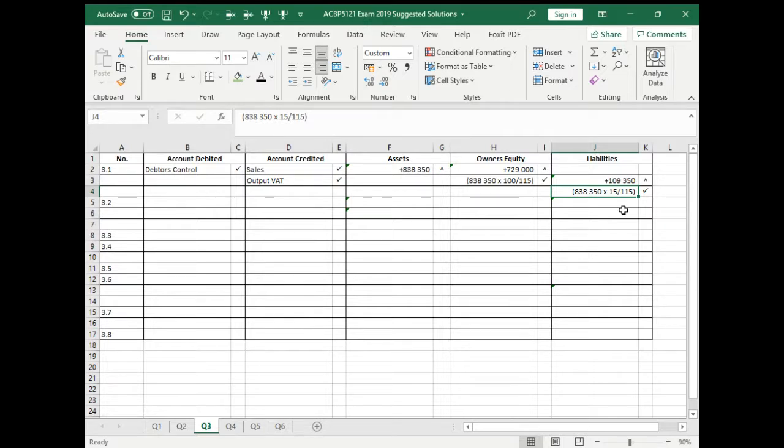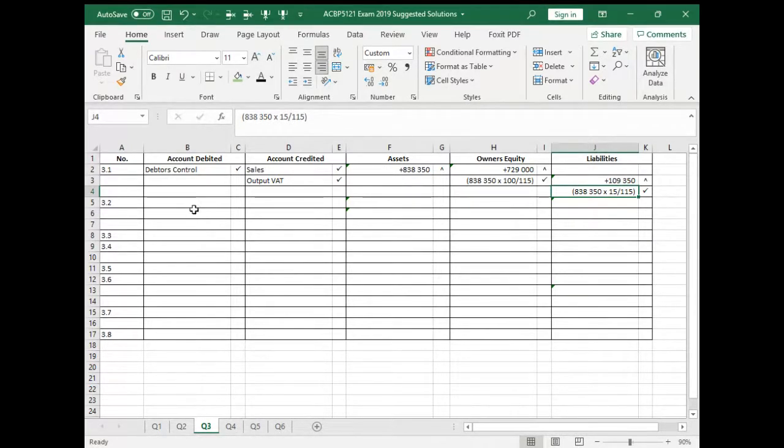Now let's say you made an error with the calculation. You would get a method mark either generally for the owner's equity if your VAT was calculated incorrectly, because you would have deducted it and got to the balancing amount. Okay, so that's the first transaction for the credit sales.